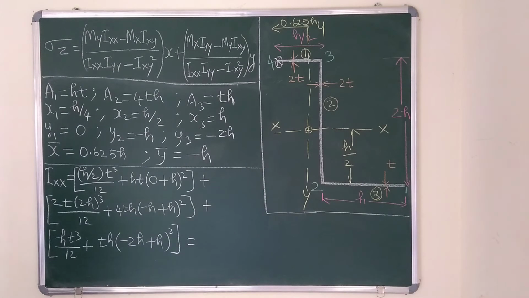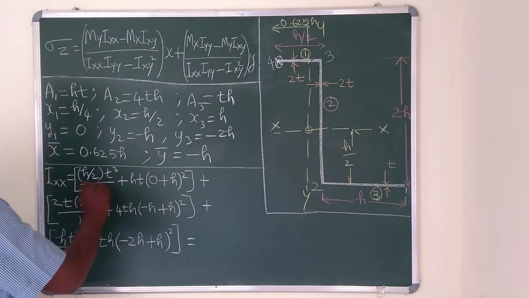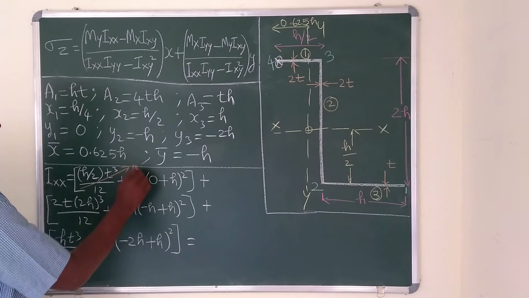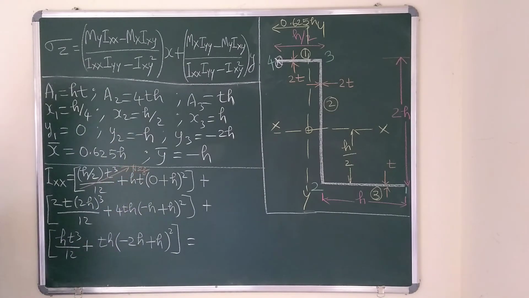Now we have obtained the moment of inertia for the individual sections. After simplification, we need to remember again while computing sectional properties that the higher powers of t can be neglected. This is t cube, I can neglect it, and here also I can neglect it. So I have neglected two terms.